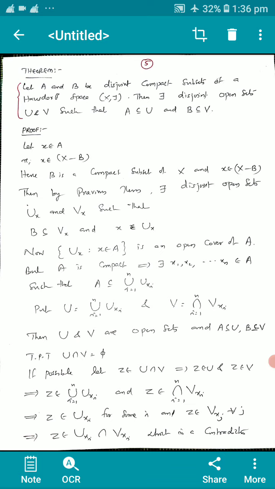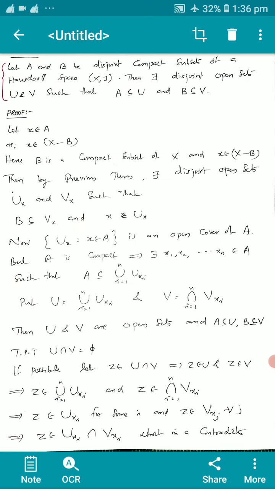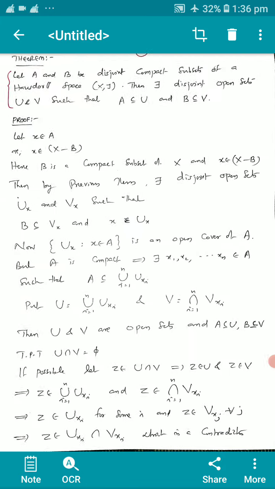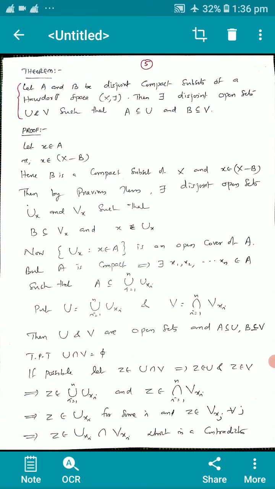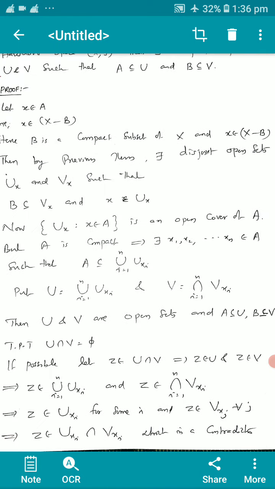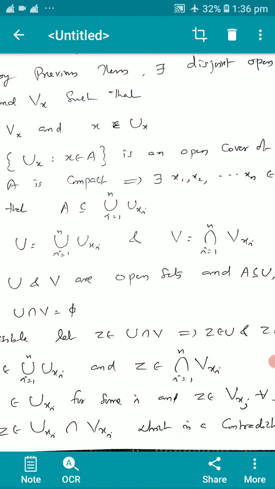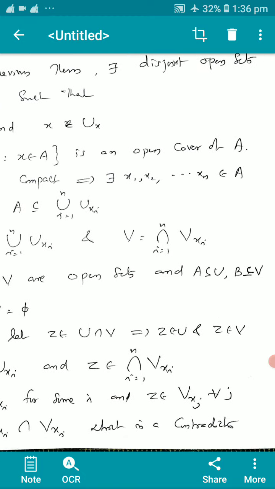What we have to prove? U and V are disjoint, or to prove that U intersection V equals phi. If possible, take an element, let Z be in U intersection V. This implies Z is in U and Z is in V. This implies Z is an element of union Uxi and Z is an element of intersection Vxi. This implies Z is in Uxi for some i and Z is in Vxj for all j.